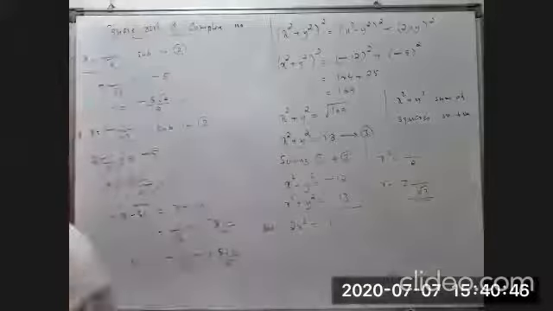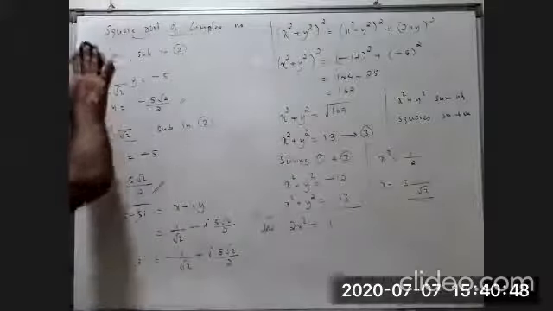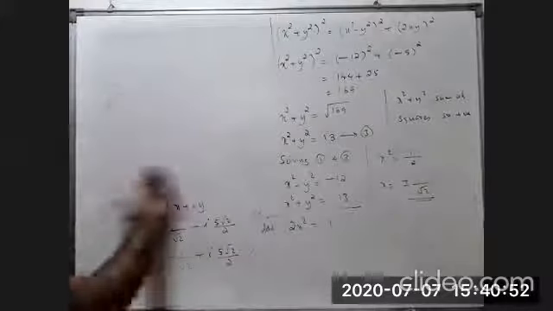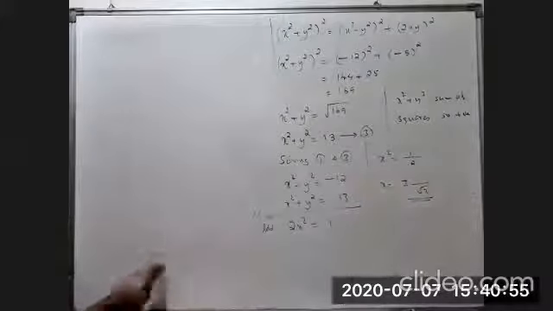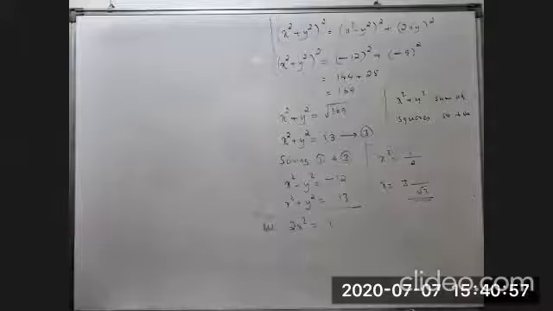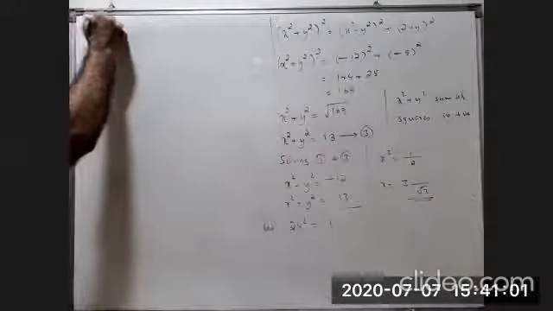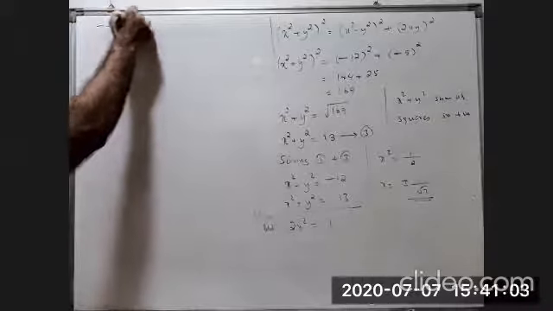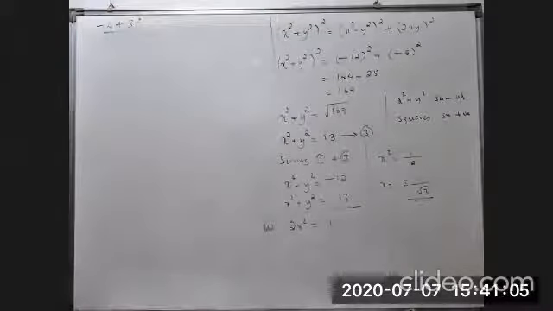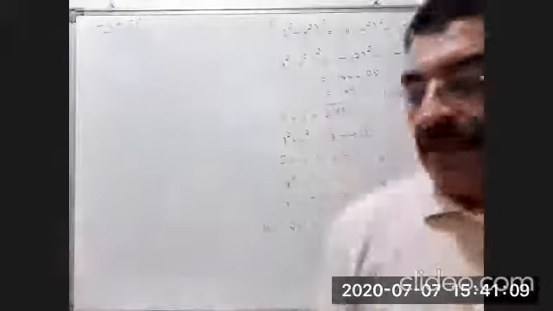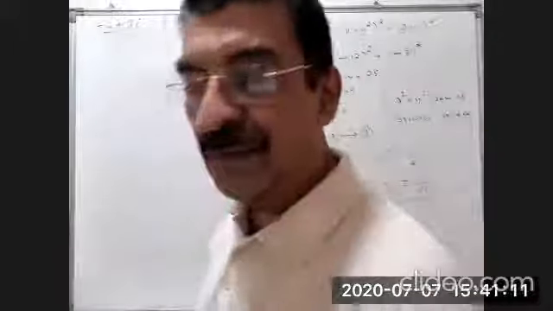Find the square root of minus 4 plus 3i. Starting everything exactly the same as the last question.